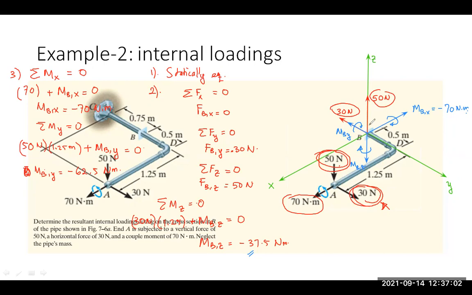And also we have 3 different moments in X, Y, and Z direction to balance out the moment given by the external loading. I think this method is much simpler than transmitting each force into the point of application at P.